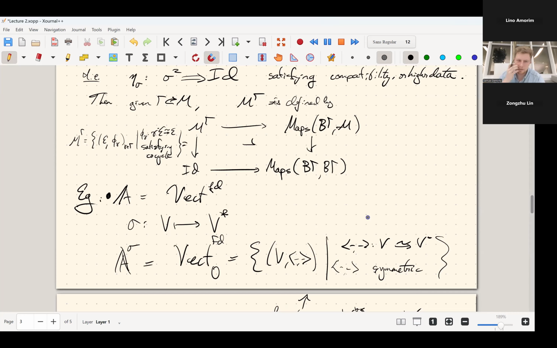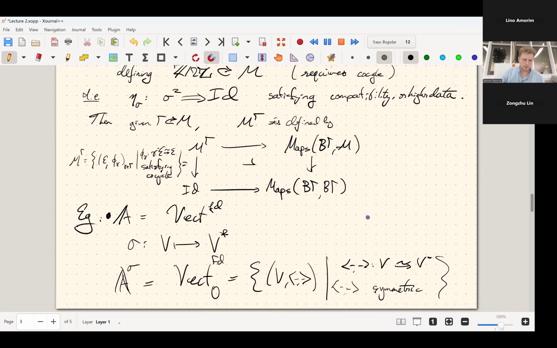In concrete terms, it's very likely that you're familiar with this construction, because all it really is is an object in the category, together with an equivariant structure under the group, which means we have an isomorphism from the gamma pullback of that object to itself that's required to satisfy the cocycle condition.